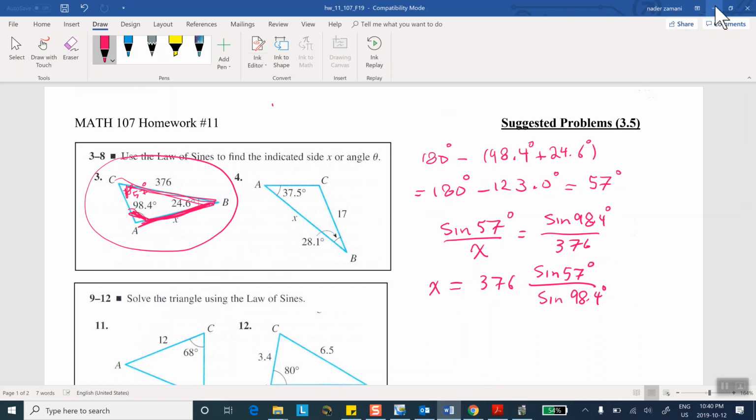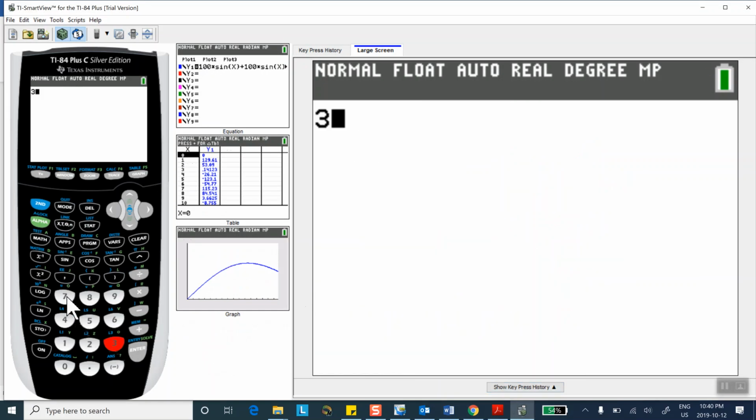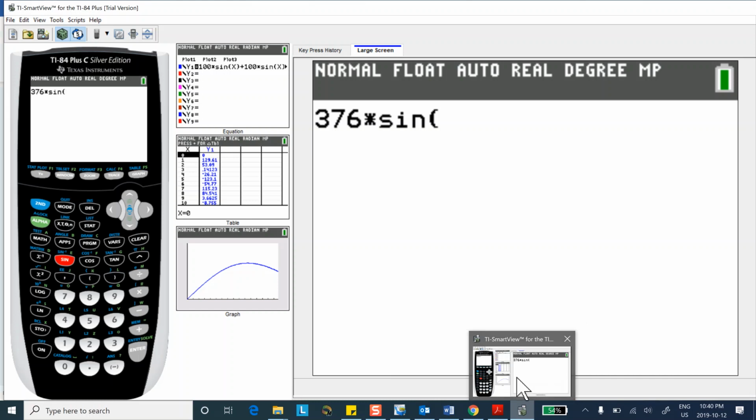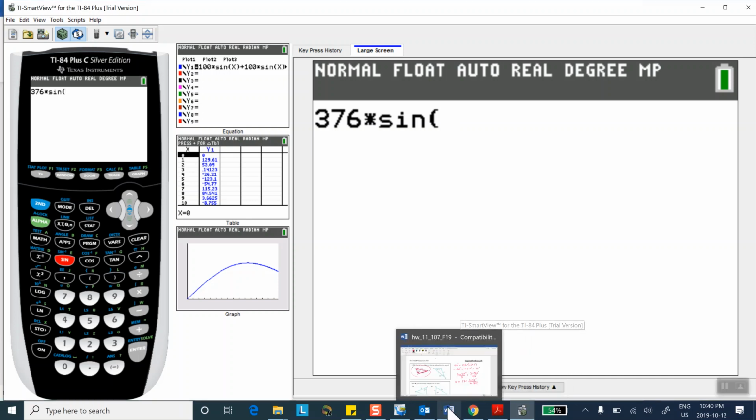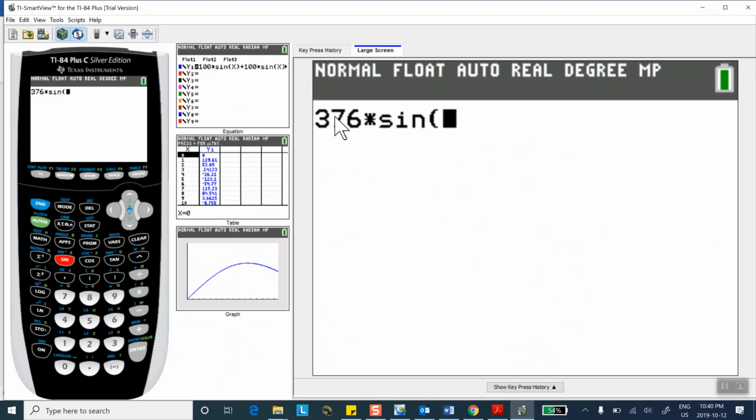376. I have to go back and forth between this screen. 376 times sine. Where's the sine? There's the sine of 57 on the top.